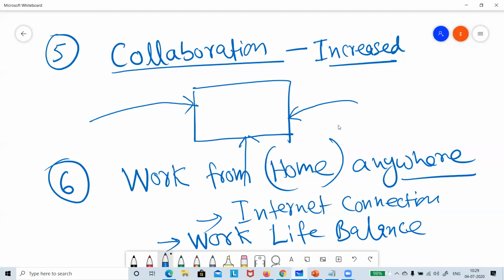For people who face a lot of traffic on the road and have to commute every day for 2, 3, 4 hours, cloud gives an option for balancing life, maybe in adverse situations, or even in this uncertain COVID situation, where it is a boon. People who have been on cloud are benefiting like anything, and people who have only traditional data centers are facing challenges.